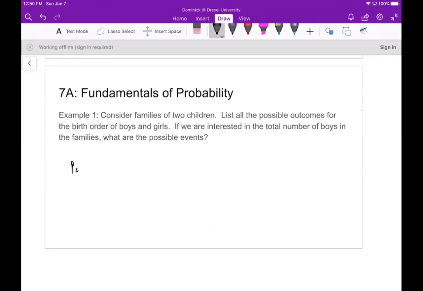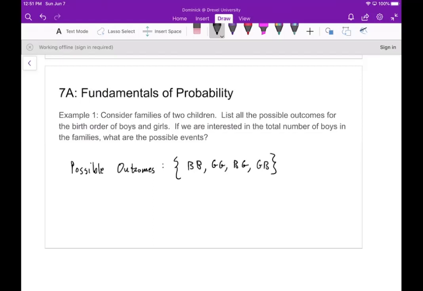Well, the possible outcomes are, and we'll list these inside of a set, they could be boy, boy, two boys right in a row, or it could be two girls right in a row. We could also have one boy and then one girl. We could also have the girl first and then the boy. So those are your four different possible outcomes.